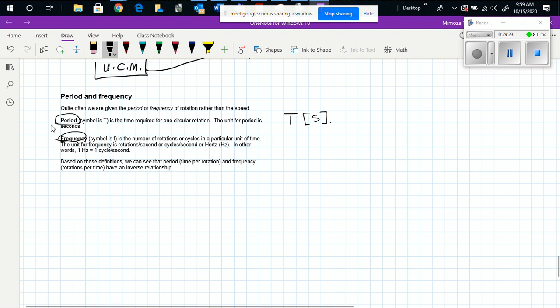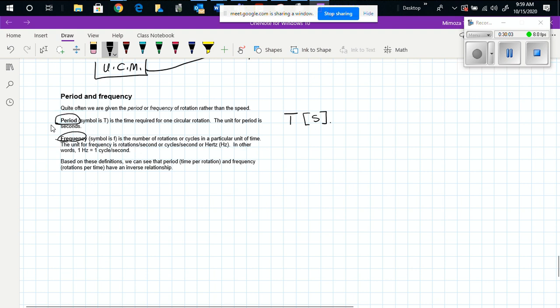And frequency, on the other hand, is how many circles or parts of the circle you complete in one second. So pretty much it's how often you see the object: you focus on one point and then you ask how often you see the object moving through that point in 1 second.